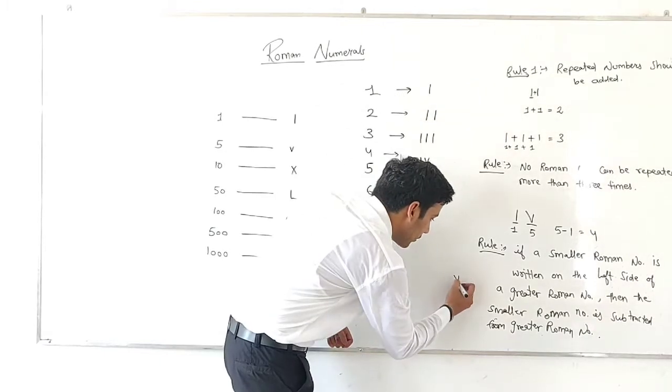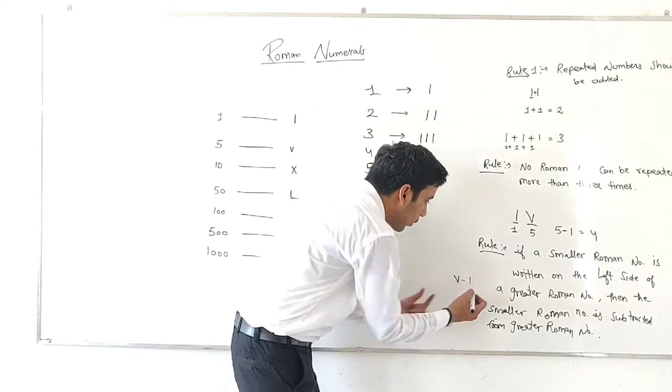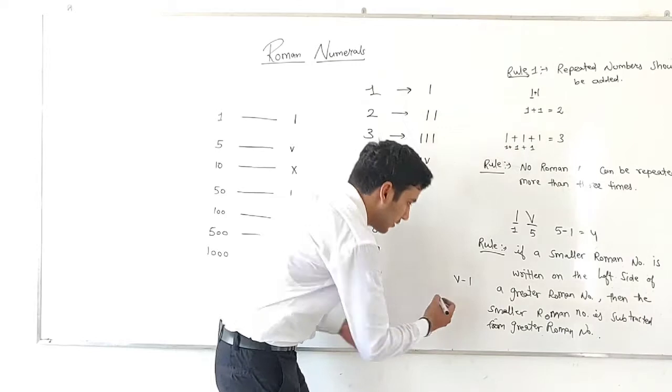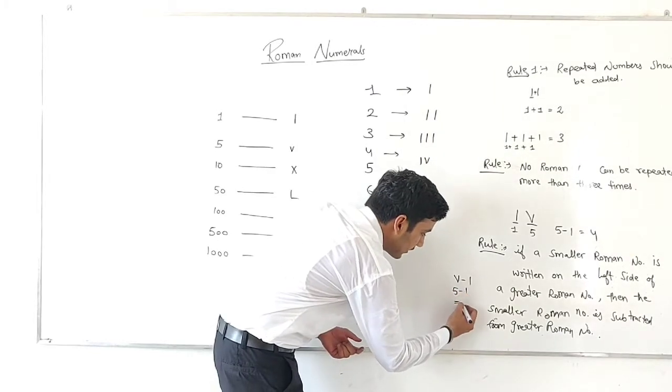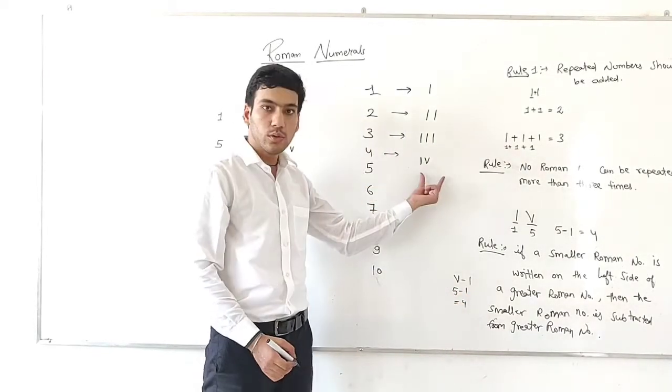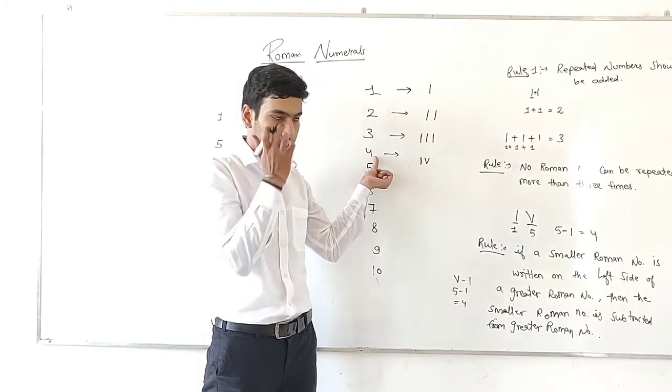Means you have to subtract the smaller Roman number from the larger number. That is 5 minus 1 is 4. So this is the Roman symbol for 4.